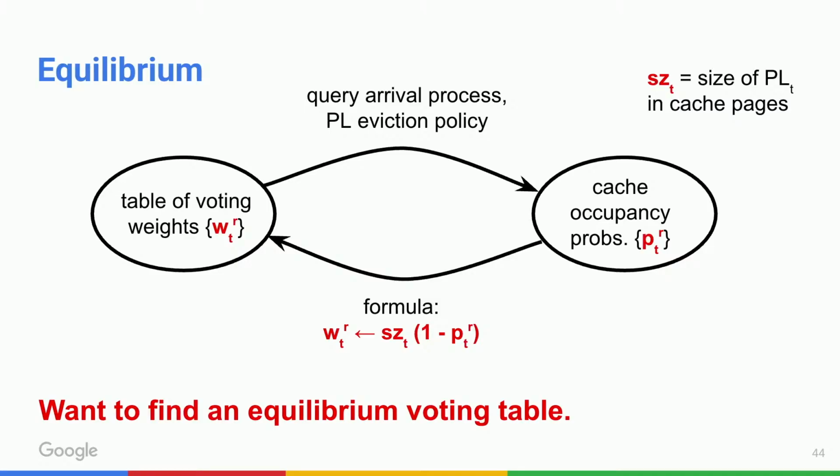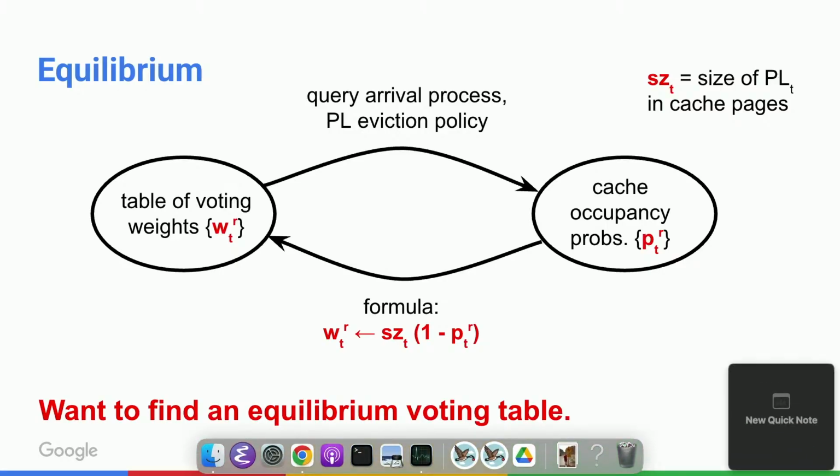Now notice, this gets at some of the questions that I think you had over here. You're asking how do things end up in the cache? Well, you have this table of voting weights. Those weights will influence where the queries go. So you've got the query arrival process, which sends things here, and then the eviction policy also influences what's in the cache. All of that tells you what these cache occupancy probabilities are.